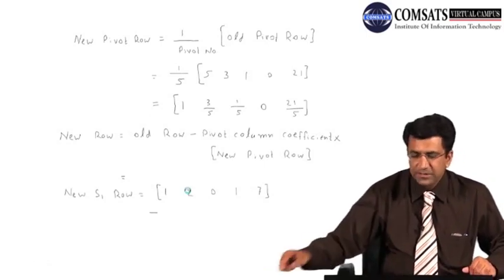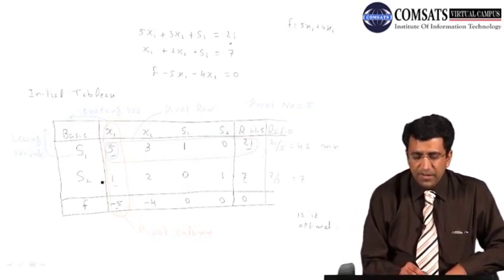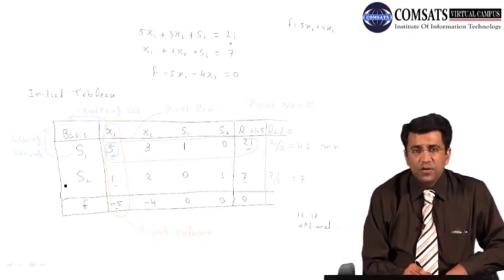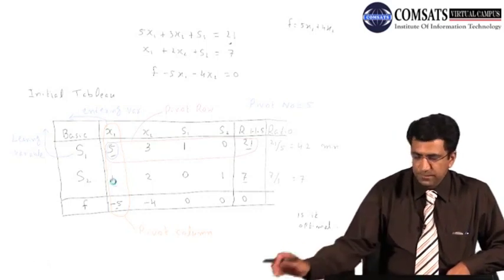If we go to the previous slide, we are formulating the new row for S2, and its corresponding pivot column value is 1. So in this particular formula, we will put that pivot column coefficient value equal to 1.